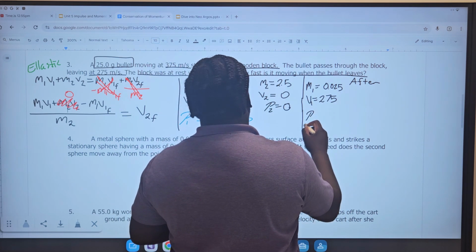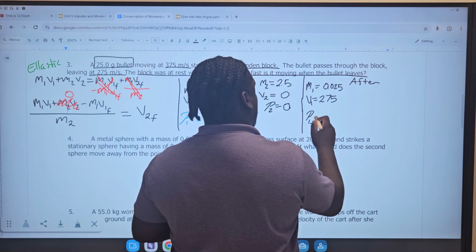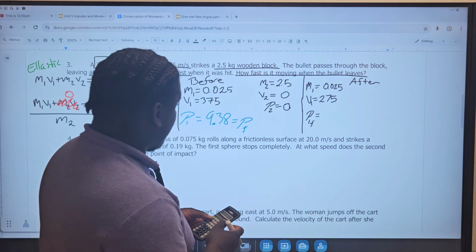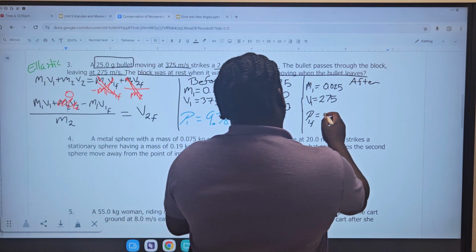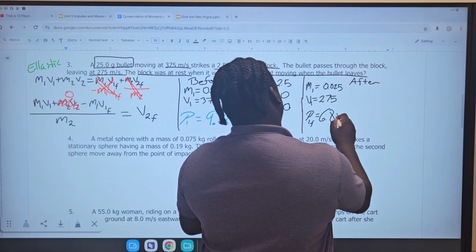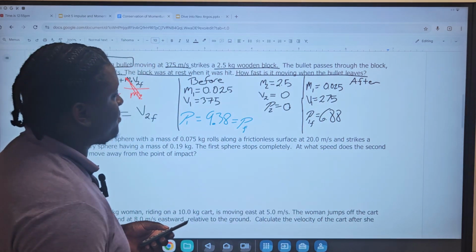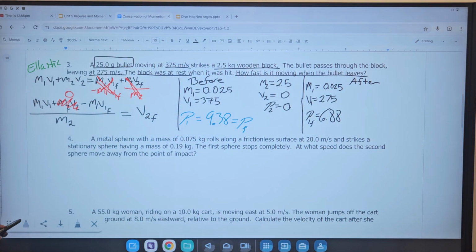So its new momentum, P1F, is not going to be 9.38, is it? The new momentum of our bullet is now 6.88, which obviously does not equal 9.38.